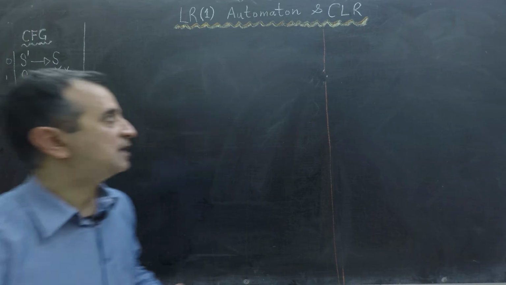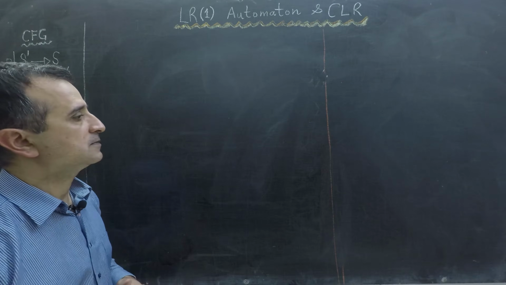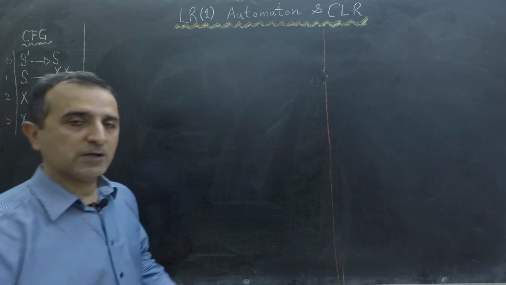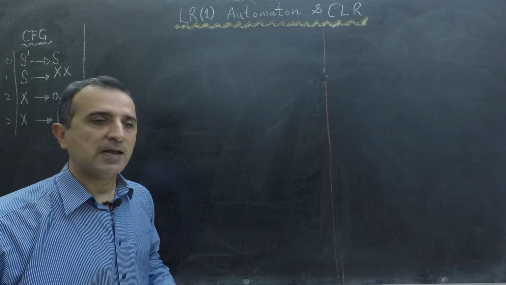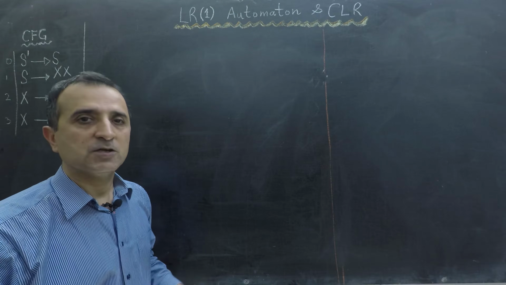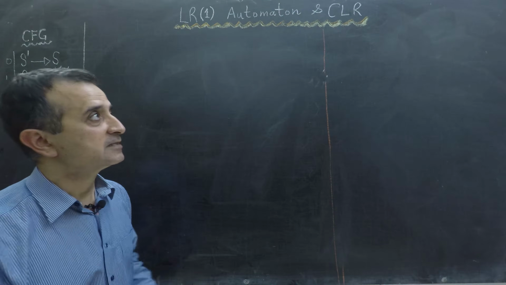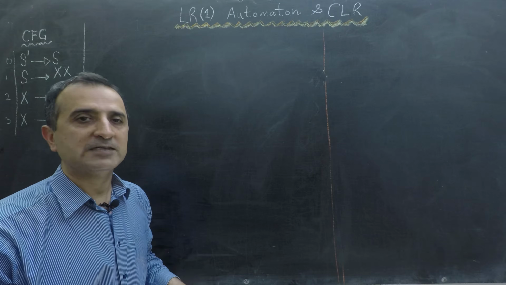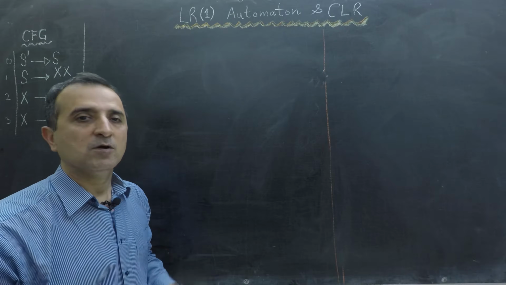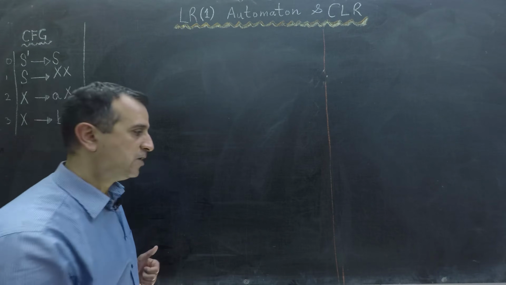Now we will start with the creation of the LR1 Automaton. Recall that SLR and LR0 parsers use the LR0 Automaton, whereas CLR and LALR, which we will discuss in the next video, both use the LR1 Automaton that we are going to create here.